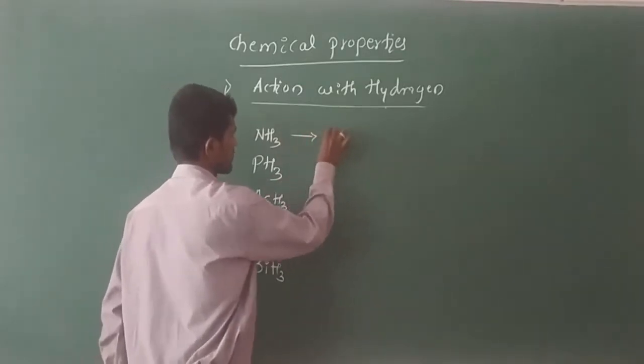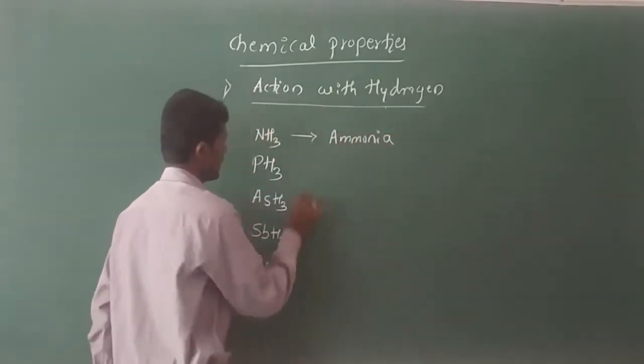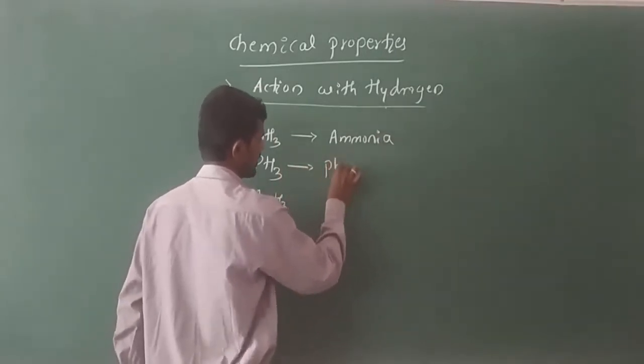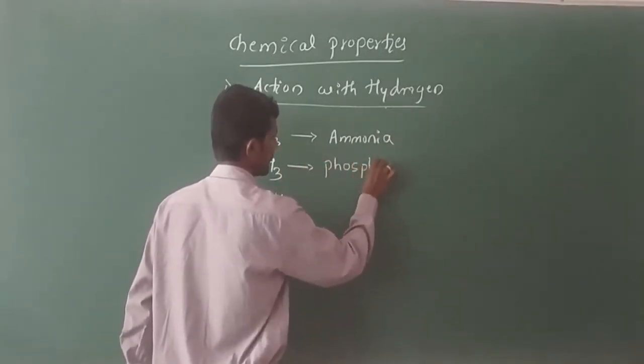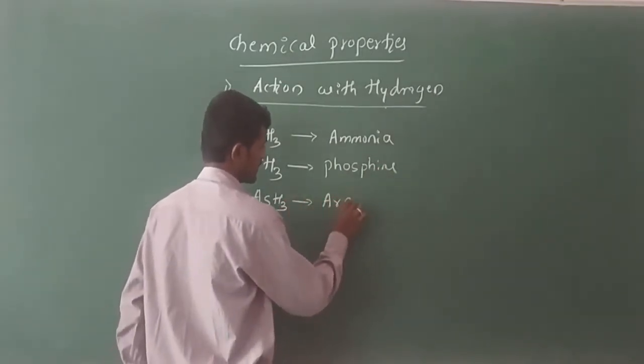This NH3 is called ammonia, this is phosphine, and this is arsine.